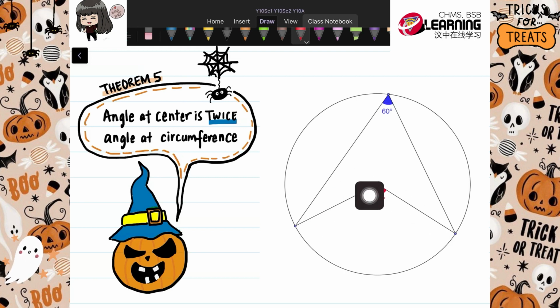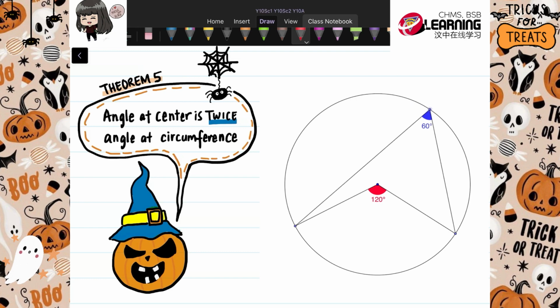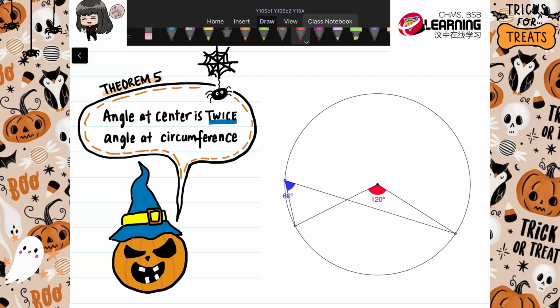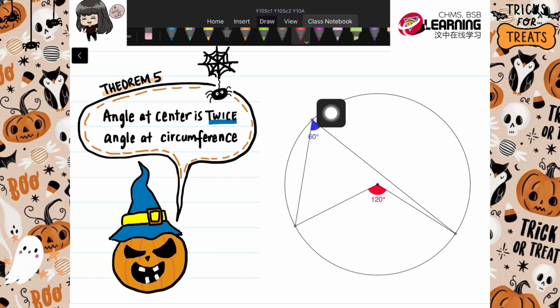So this is twice of this. This red one is twice of this 60. 60 times 2 is 120. You need to know this angle at the circumference is not always this shape. It can be like this also. This one also we call angle at the circumference. This also is called angle at the circumference.